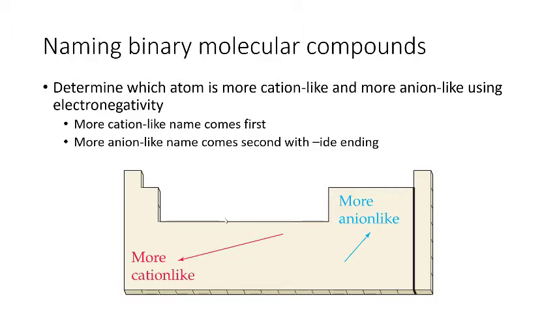So it's going to be similar to our naming convention for our ionic compounds, but they are covalent compounds. The further they are towards the bottom left corner, the more cation-like they are. The further they are to the upper right-hand corner, the more anion-like they are.